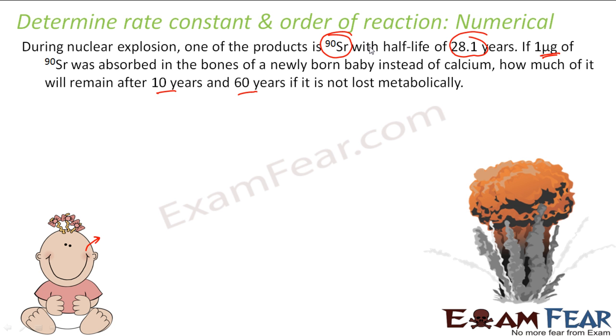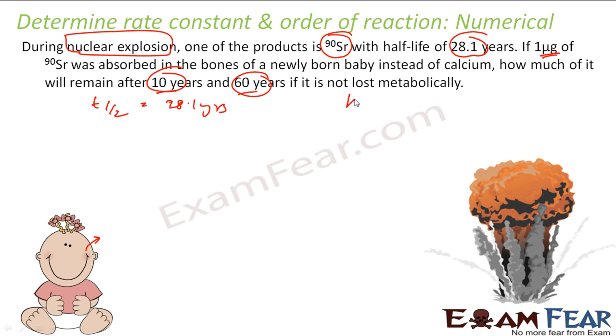Half-life is given. So from half-life, the first thing we should do is find the value of K. Then only we can find how much will be remaining. Let's find the value of K. You know it's a first order reaction. Nuclear decay is a first order reaction. So its T half is given, that is 28.1 years.